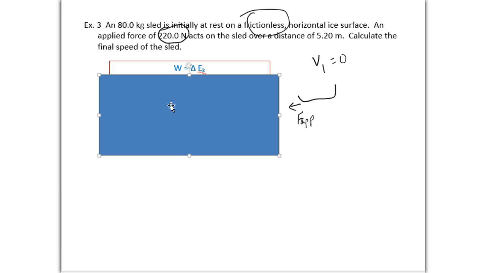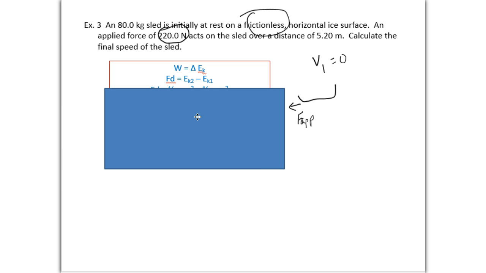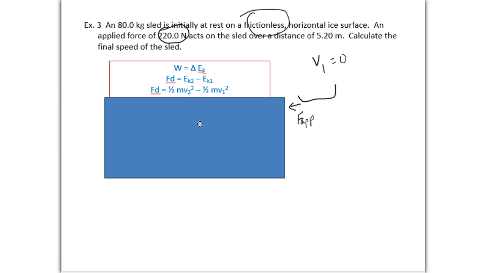So again, work is your change in kinetic energy. Now, you were given the force, a distance, and now you're changing kinetic energy. So substitute in the values. The change from this question to the last one is that we substitute in the values for work. The work can be found using force times distance.